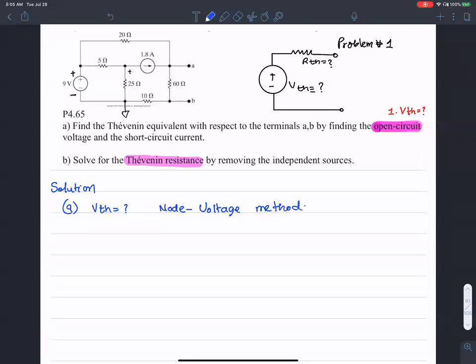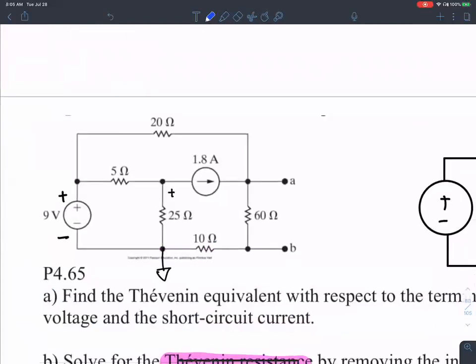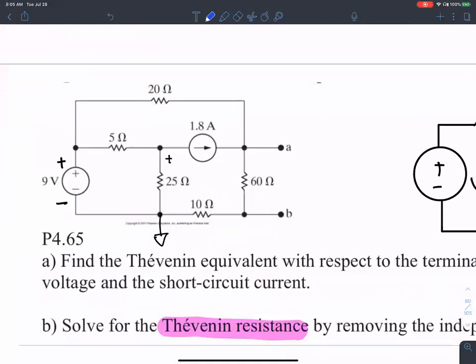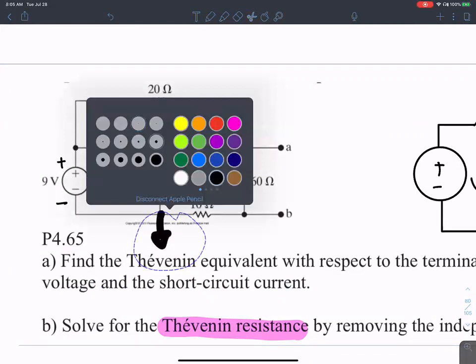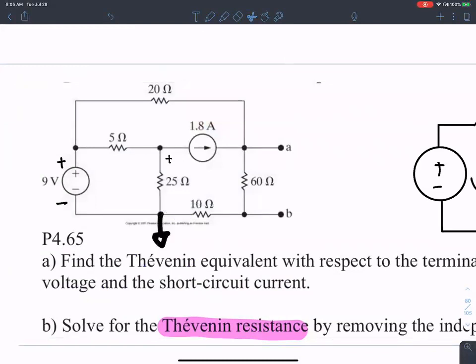Let's apply the node voltage method to this circuit, the one on the top. In order to apply the node voltage method, the first step is to identify a ground node. I annotate that node as my ground node.